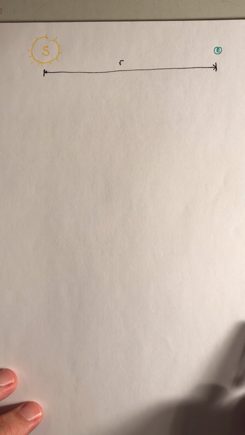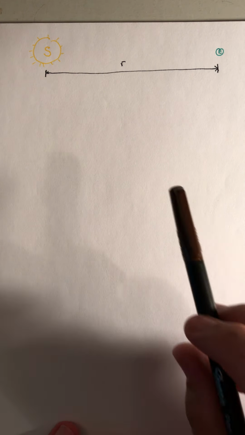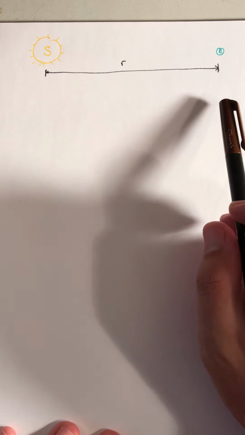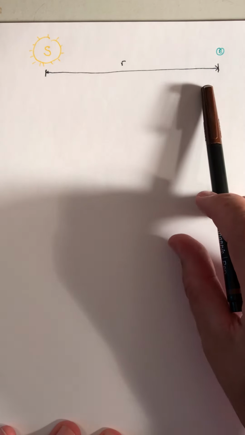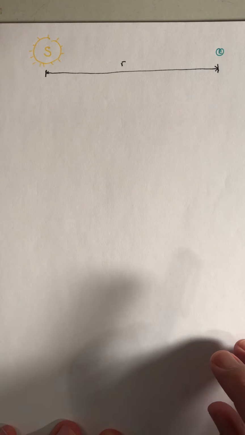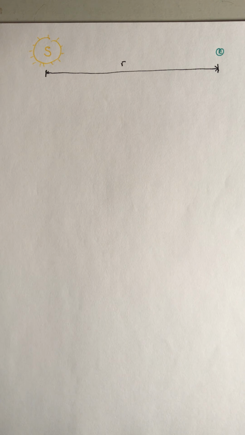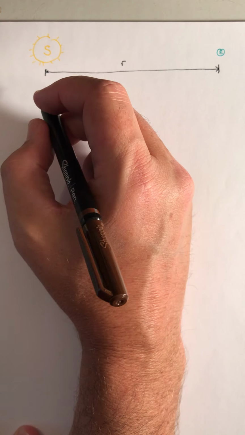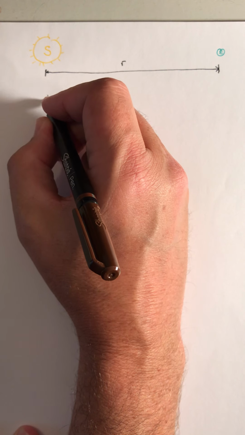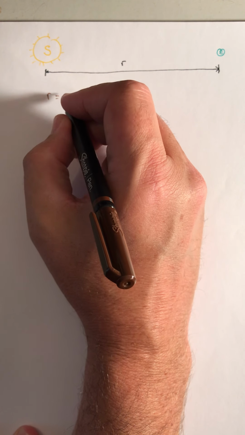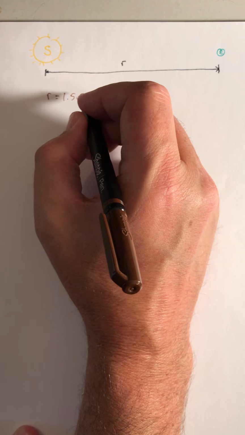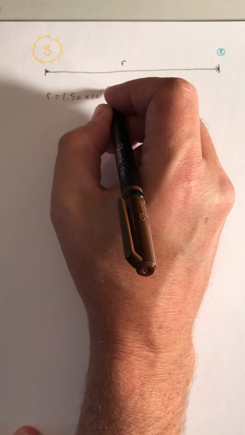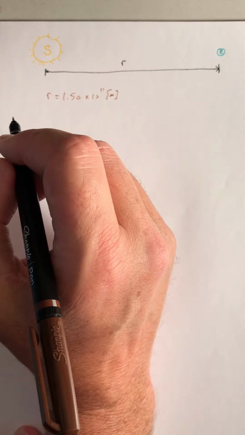Okay, we're going to calculate how much potential energy is stored in the gravitational interaction between the sun and the earth. So we need some basic data to do this calculation. The average distance between the earth and the sun is called the astronomical unit, and that's about 1.5 times 10 to the 11th meters.